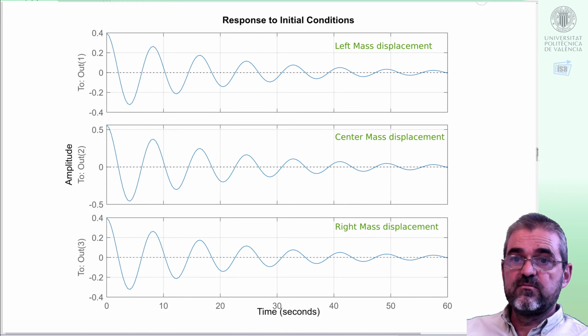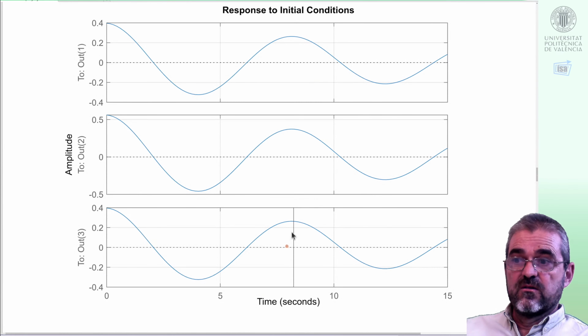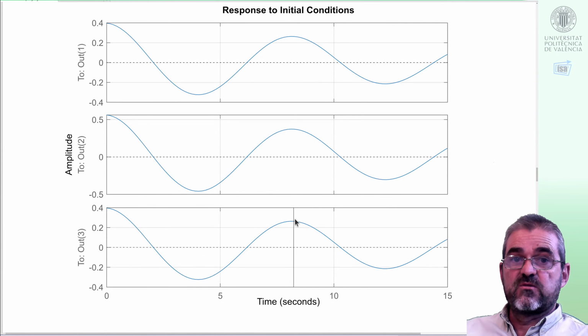And if we zoom in, the period of the oscillations is 8.2 seconds. Indeed, we can check that the period in the simulation coincides with what theory predicts.